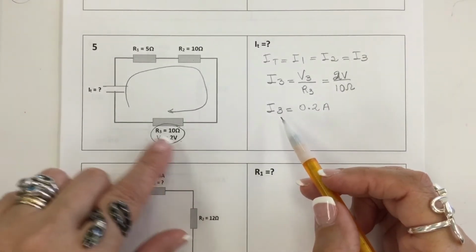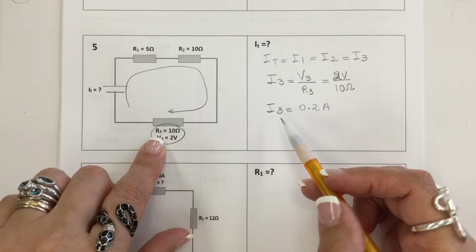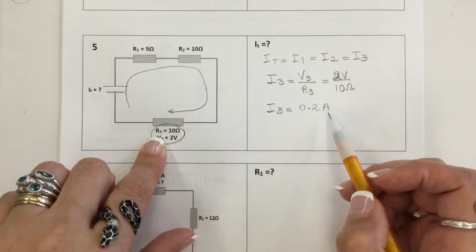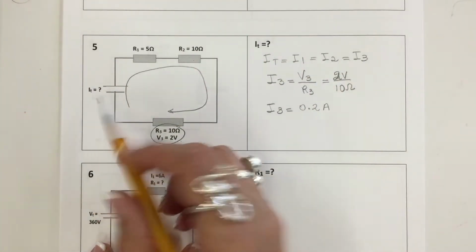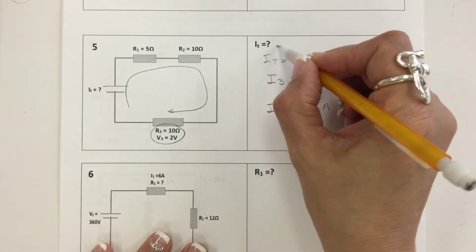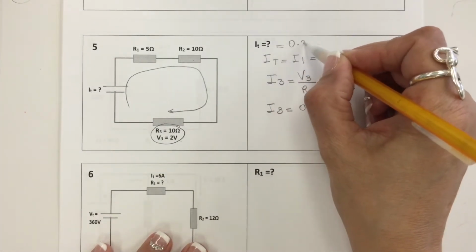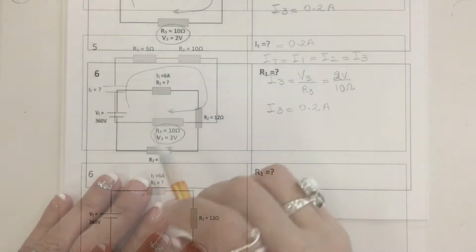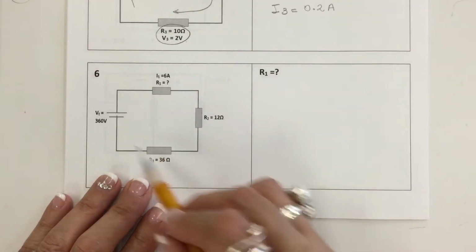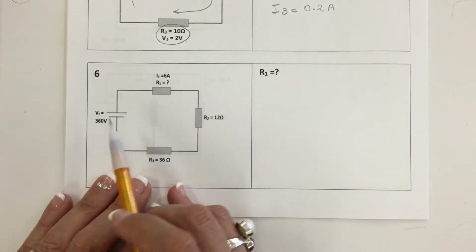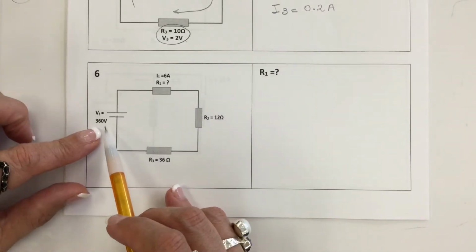So the current flowing through the third resistor is 0.2 amps. Since they are all the same, we can state that IT is also equal to 0.2 amps.